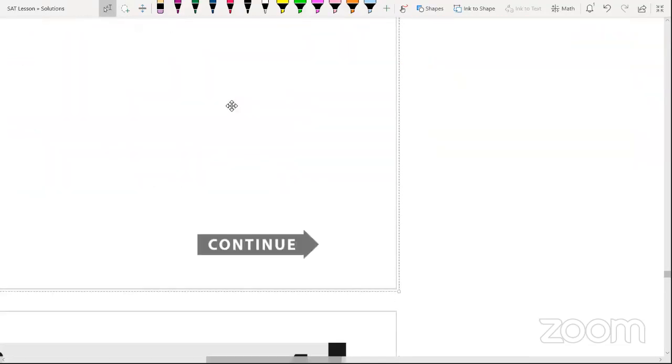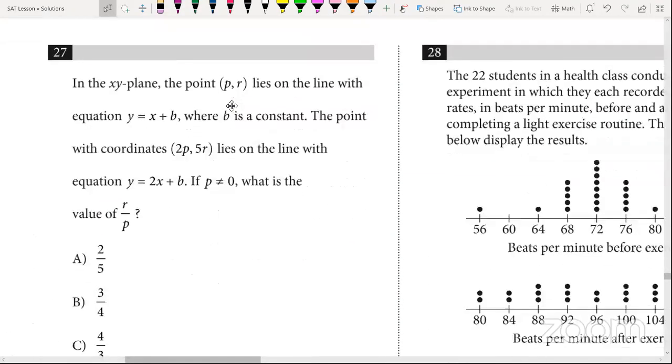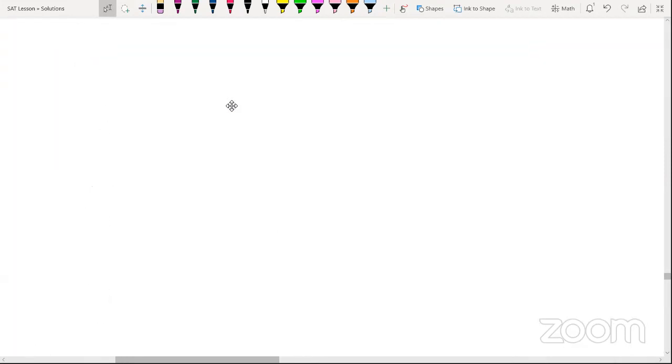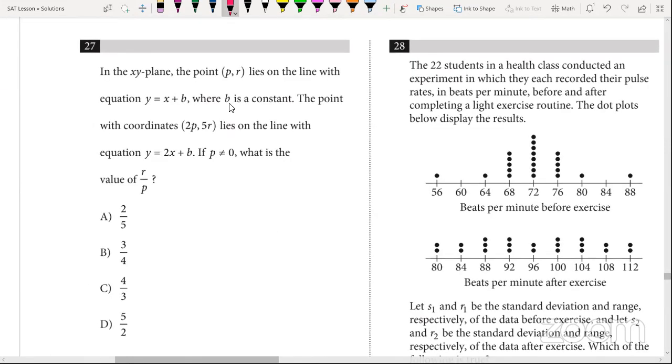Going over to number 27 now. The main point to make about 27 is the idea that when you're given a point, you want to plug it in. You're given a point, plug it in. So even if the point looks like something a little more complicated.